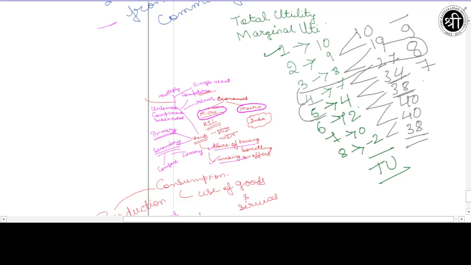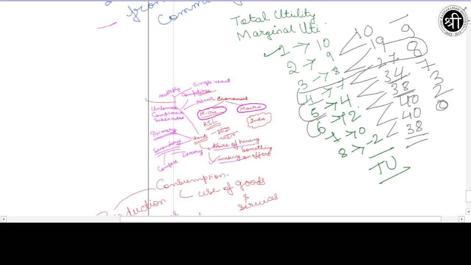You got 3. Now leaving behind 5, when you moved to the 6th one, how much did you get? 40. So it becomes 40 minus 38, 2. Now leaving behind 6, when you move to the 7th one, you got 40, which means 40 minus 40 is equal to 0.